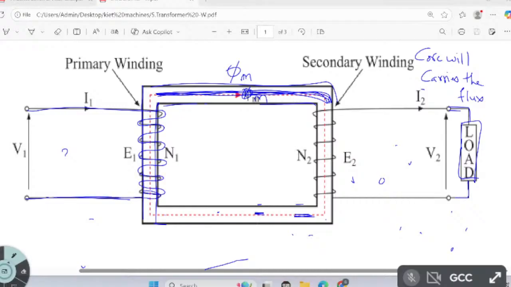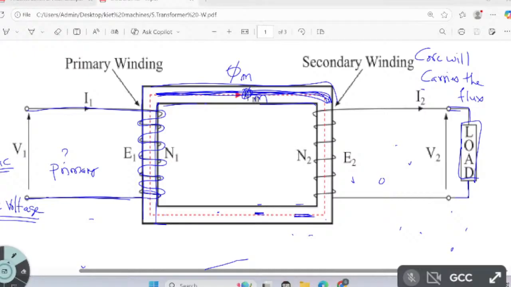This is the AC voltage. Whenever AC supply is given to the primary winding of the transformer, what happens?